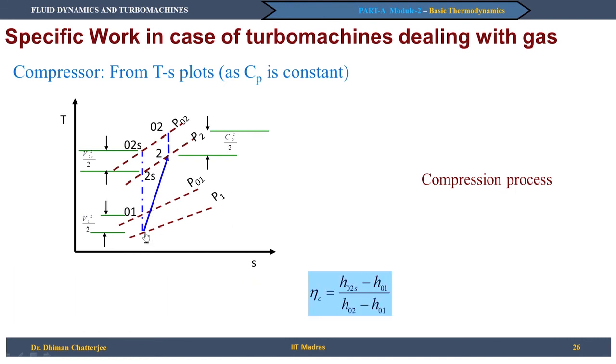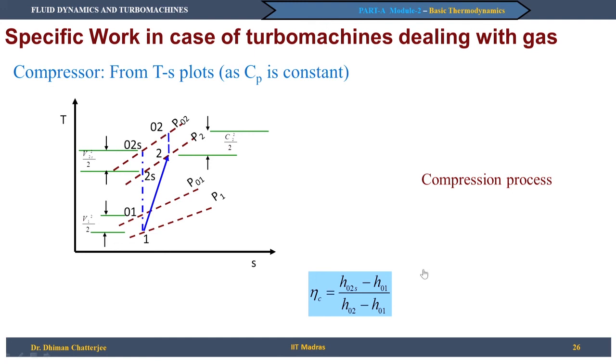In case of a compression, it starts at a lower pressure, lower temperature, and goes to a higher pressure, higher temperature, because the gas is compressed. 1 is the state in which the fluid enters the compressor, 2 is the state in which the fluid leaves the compressor, 01 and 02s are stagnation states, with 02s for the idealized case of constant entropy or isentropic compression, and real is 02.